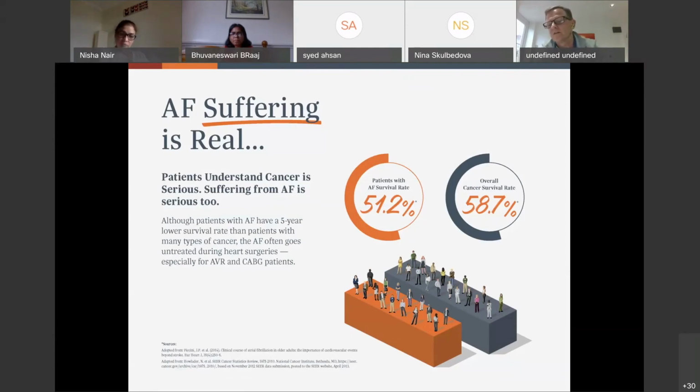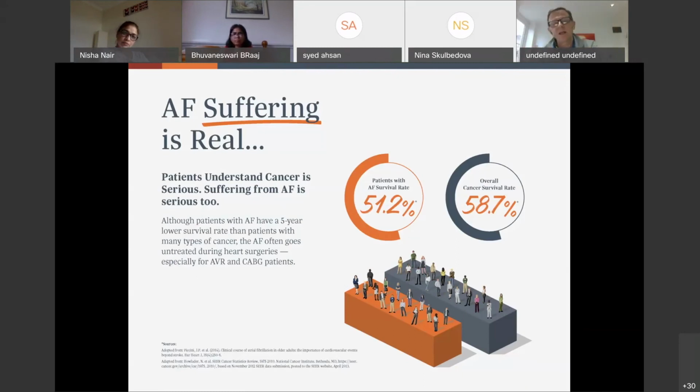And overall, the rate of you surviving cancer is 58%, but your rate of surviving AF is 51%. So you've got less chance of surviving your AF than if all the cancers were put together.